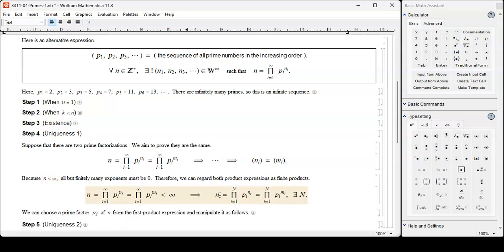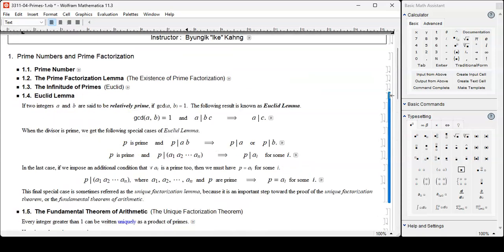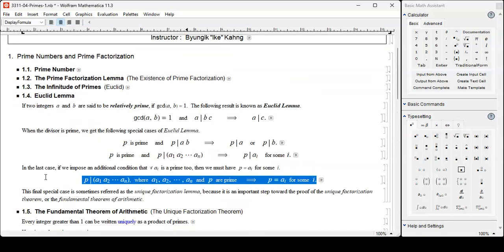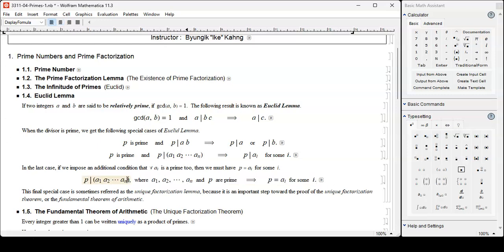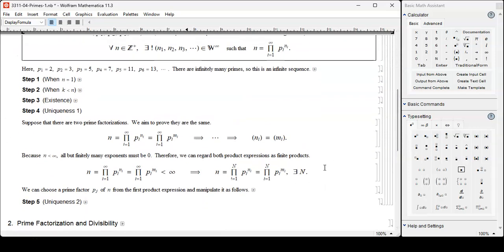So we can reduce both of those into finite products. We have finite products of primes, so that we are ready to use Euclid's lemma. You see, finite products of primes. Okay, all right, we're up to here.